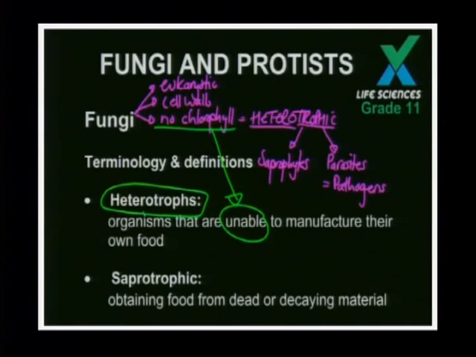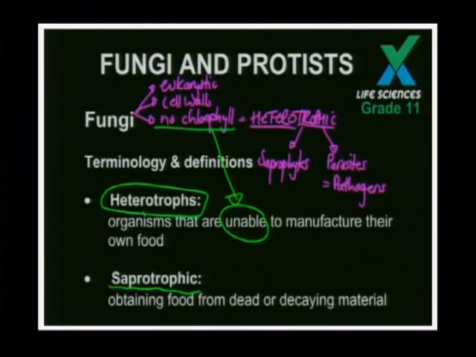Fungi find food in one of two ways. First of all, some of them are saprotrophic or saprophytic. This means that they get their food from dead or decaying organic matter. And remember that as they obtain their food, so they decompose the organisms on which they are growing. Other fungi may be parasitic, where they use a host to obtain their food.